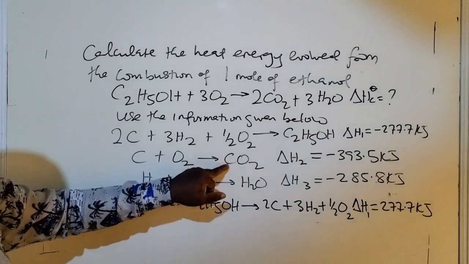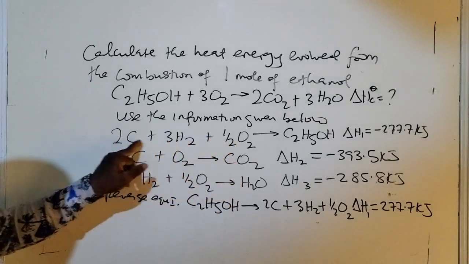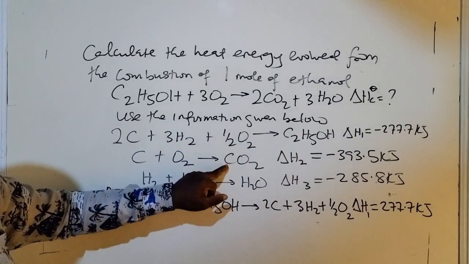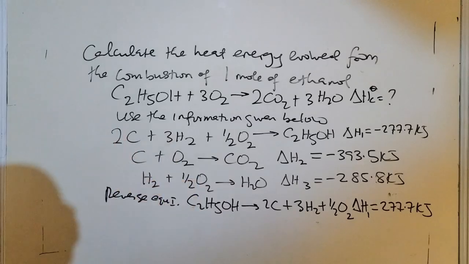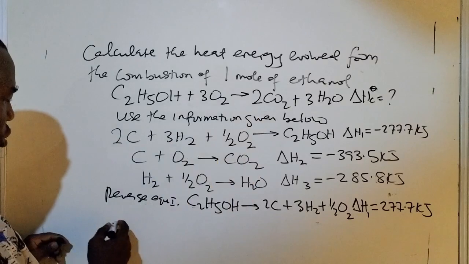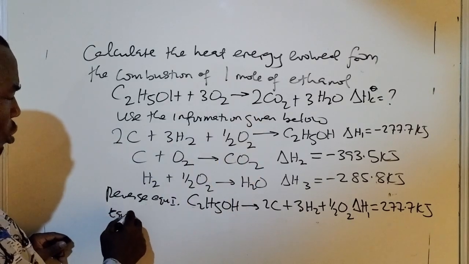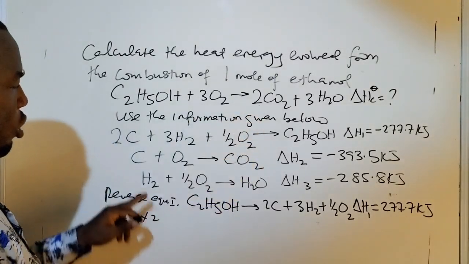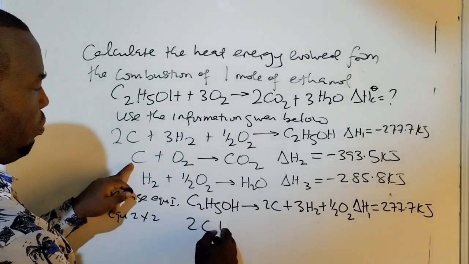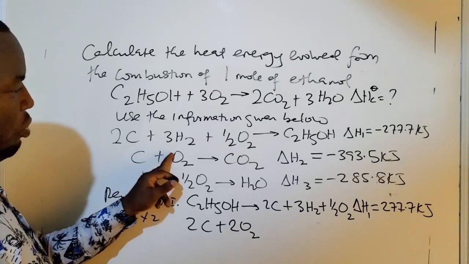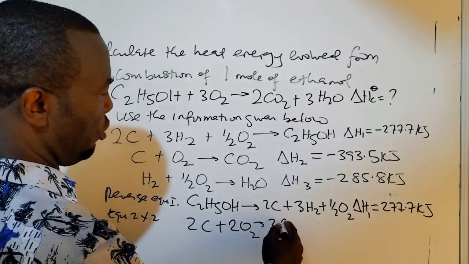But CO2 appeared only once. There's no CO2 here, and there's no CO2 there. So CO2 is going to be affected because it appeared only once. So multiply CO2 by 2, since there are 2 moles here. Equation 2 multiplied by 2 to make CO2 equal to 2 moles. You now have 2C plus 2 oxygen, giving us 2 CO2.